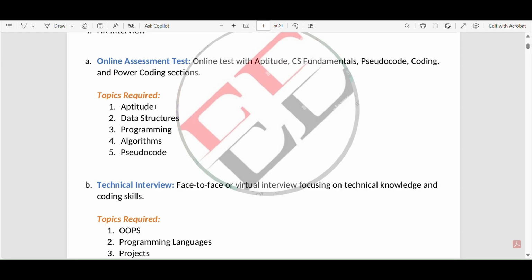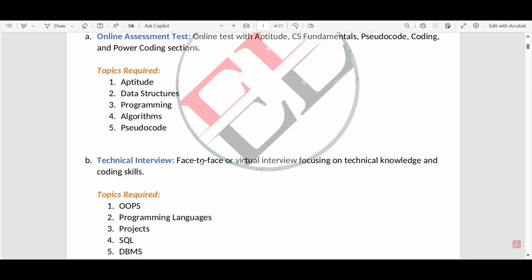You will get questions on aptitude also, some 10 to 15 on aptitude, some 10 on data structures and algorithms, some 10 to 15 on programming, and some from pseudocode.